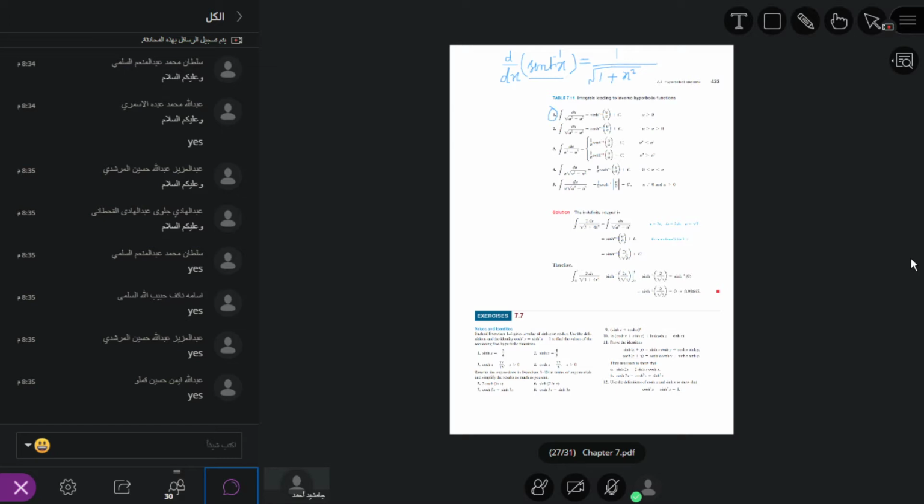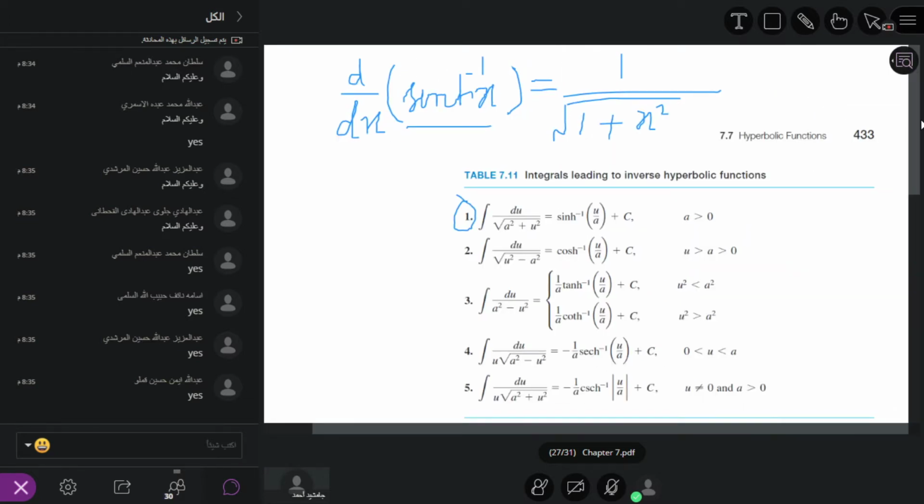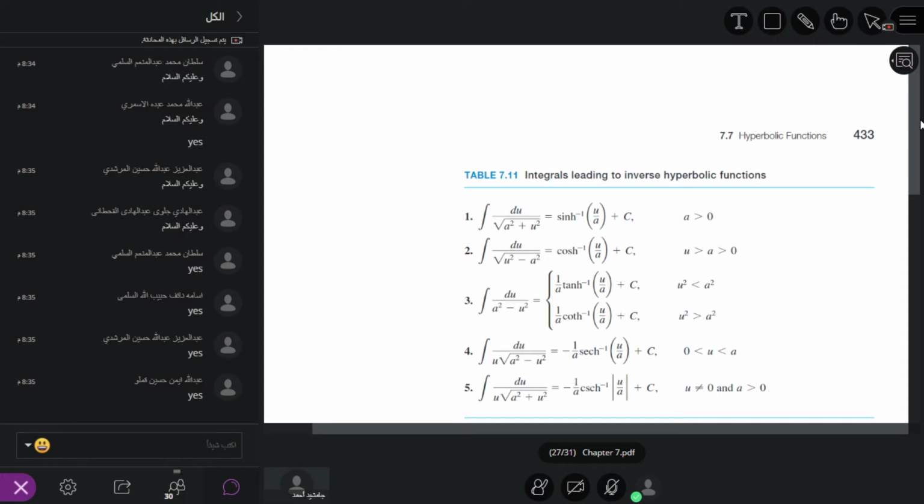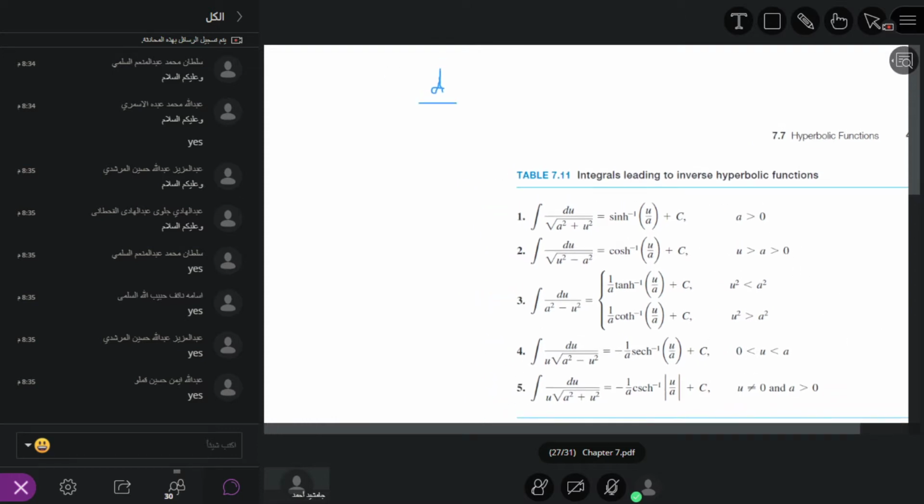A greater than 0. And in the last class, we discussed the derivative of cosine hyperbolic inverse x. We proved that d over dx of cosine hyperbolic inverse x is equal to 1 divided by square root of x square minus 1.